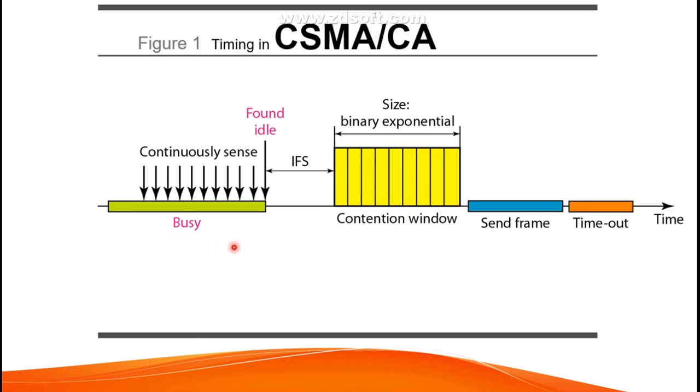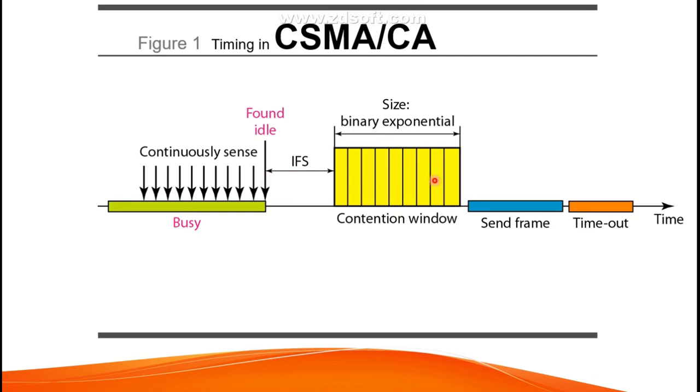And the IFS value is a variable, because it can also be used to prioritize the stations or the frame types. For example, if you have a shorter IFS, it means it has the highest priority. It means you have to wait for a short duration, right?